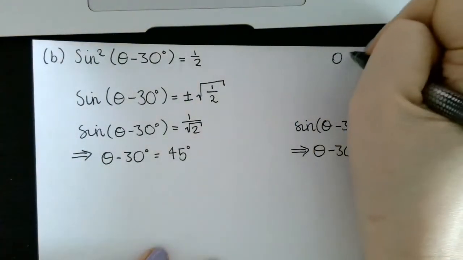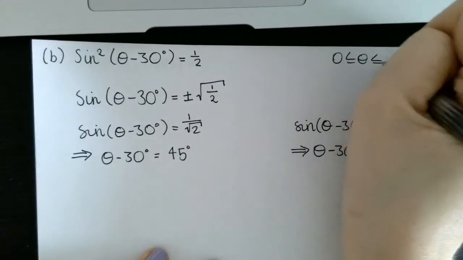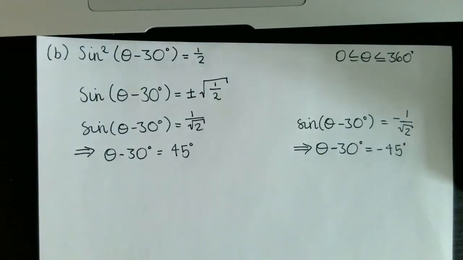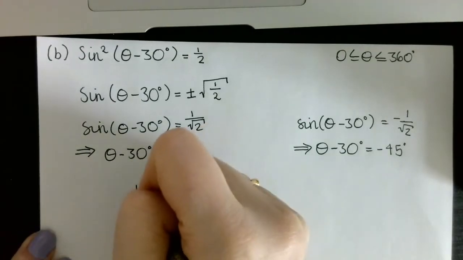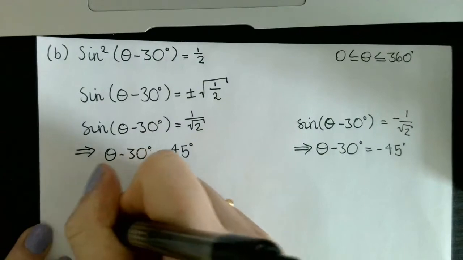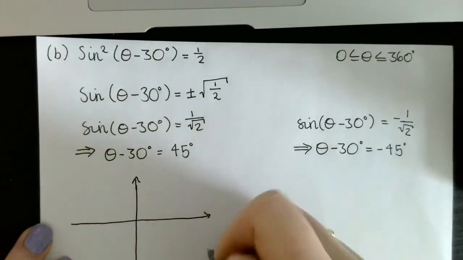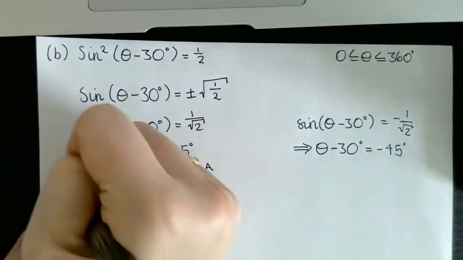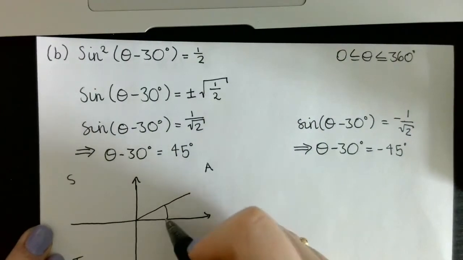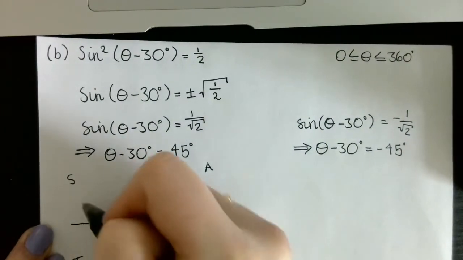Remember that we're looking for when 0 is less than or equal to theta is less than or equal to 360. So I'm going to draw my CAST diagram for positive 45 first. So I've got C, A, S, T. We're making an angle of 45 degrees with the horizontal.